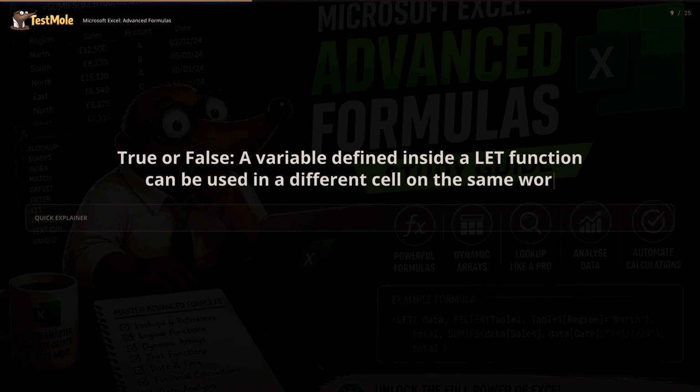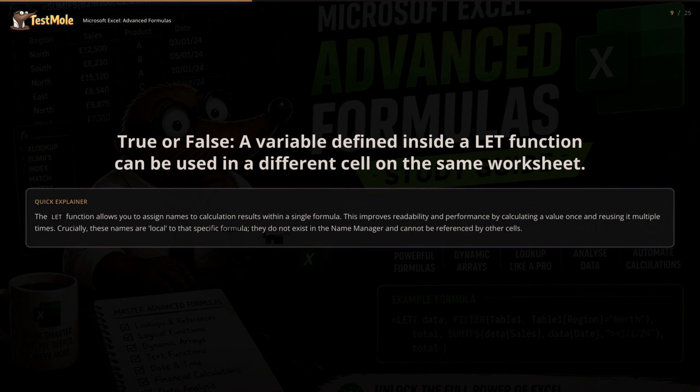True or false: a variable defined inside a LET function can be used in a different cell on the same worksheet. The LET function allows you to assign names to calculation results within a single formula. This improves readability and performance by calculating a value once and reusing it multiple times. Crucially, these names are local to that specific formula.